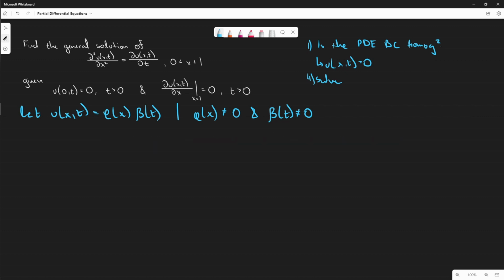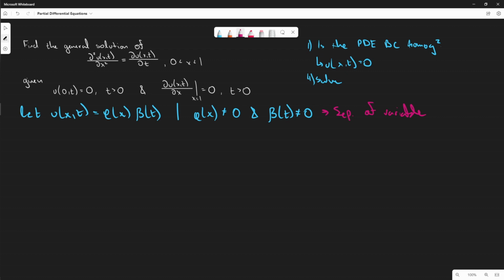Like I mentioned, this is the separation of variables method, where you separate the function into 2 separate variables. In this case, it will be x and t.